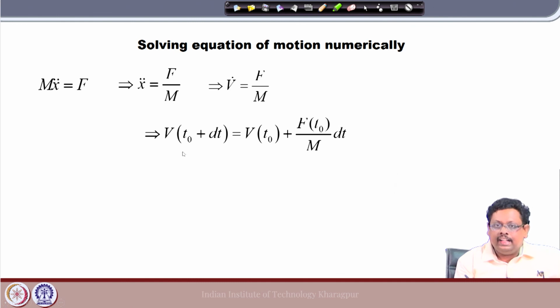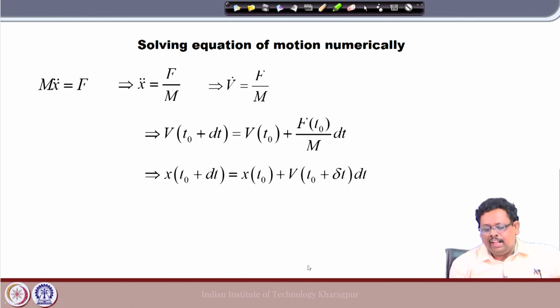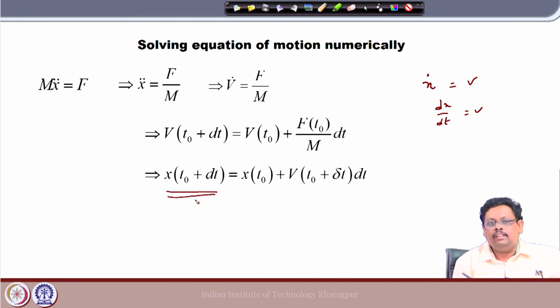Once I get the velocity, I can use x dot equal to v, that is, dx/dt equal to v. So I can find the displacement at the next time step if I know the displacement at the present time step.